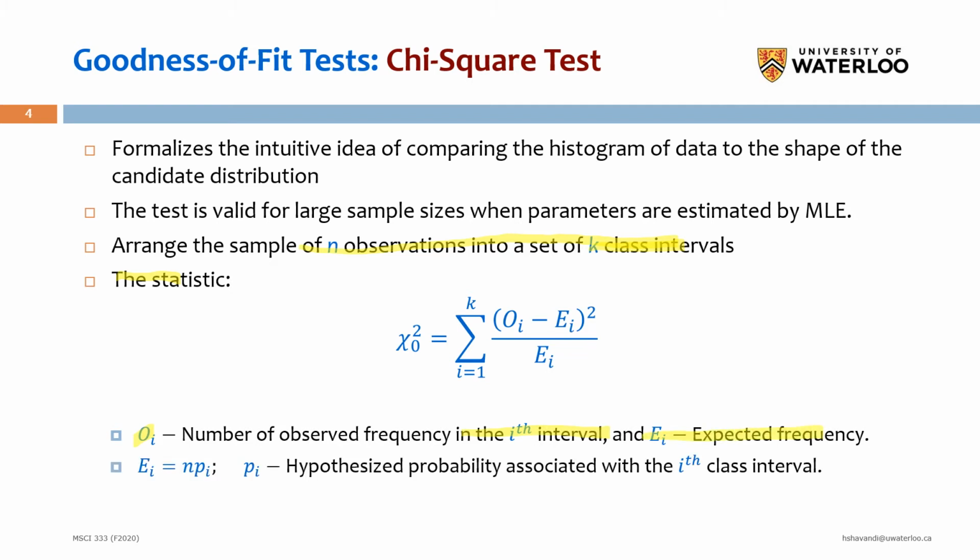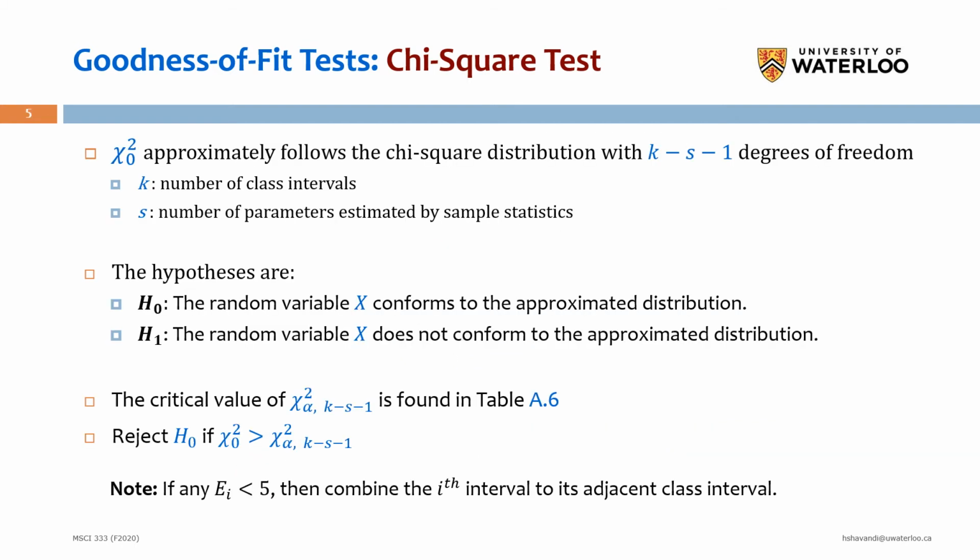We can obtain the expected frequency E_i at interval i by multiplying the sample size n by p_i, where p_i is the probability of that class interval. We assume that this statistic approximately follows the chi-square distribution with k minus s minus 1 degrees of freedom.